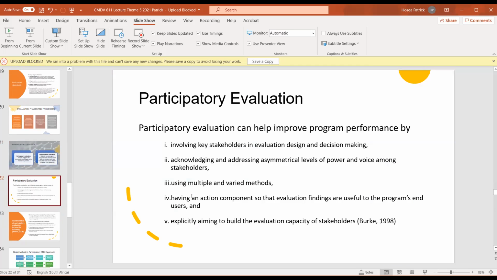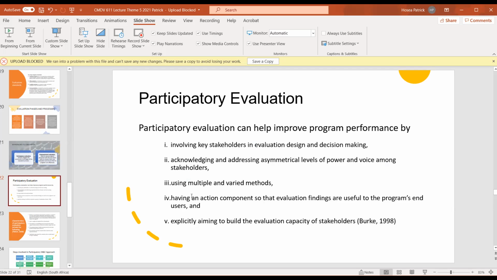So under the participatory approach, like we said, it helps improve program performance by involving the stakeholders in the design and decision making. You involve the stakeholders. When we talk about stakeholders, you are familiar with what that implies. They are involved in the design as well as the decision making, acknowledging and addressing asymmetric levels of power and voice among stakeholders.